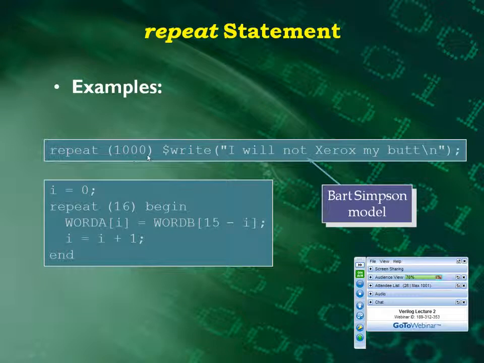So here we say repeat 1,000 times, write, I will not Xerox my butt. This is known as the Bart Simpson model. Here we have another case of repeat. 16 times it's going to do this statement, and this statement is between the begin and the end, so this is a compound statement. In this case, it's going to do a reversal on word B and put it in word A.